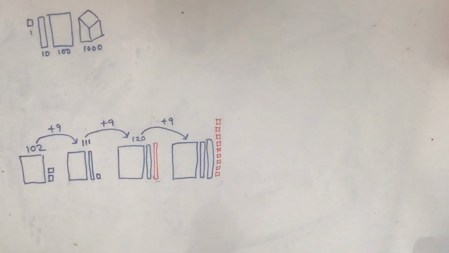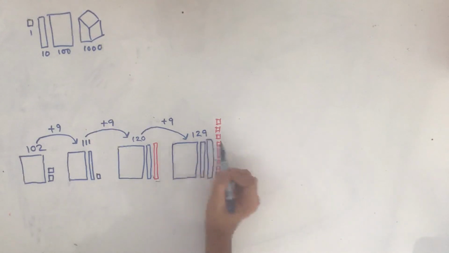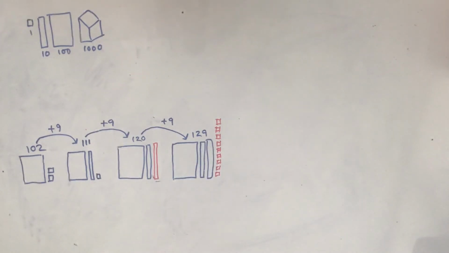So there's 129. I wonder if you can spot the pattern. If you can't, we're going to talk about that in our next video. I'll stop my sequence there though, and you can see that I've drawn from 102 up to 129 in groups of 9.